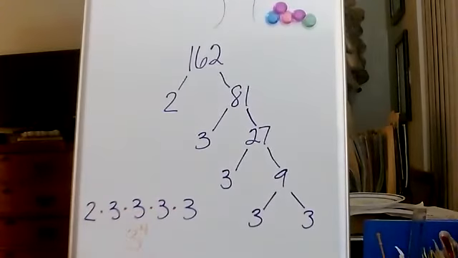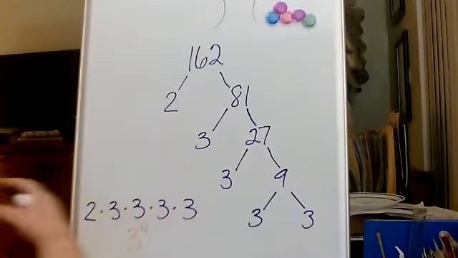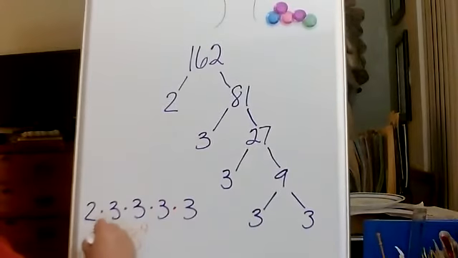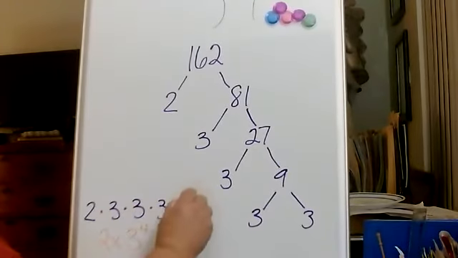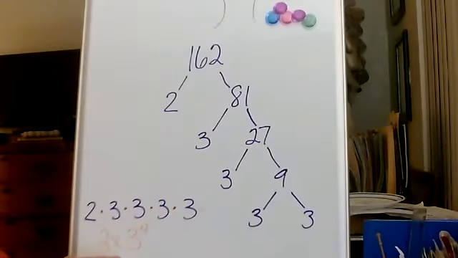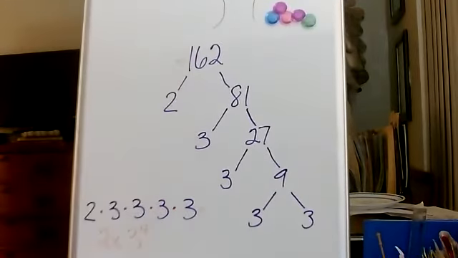That exponent means that you're multiplying that 3 four times. Not 3 times 4, but 3 times itself 4 times. And then that 2. So this right here is the same as this, and this is the same as that.